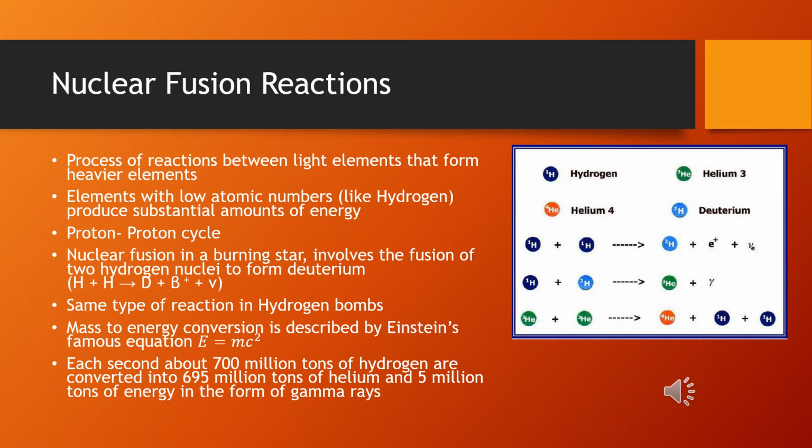It's the same type of reaction that happens in hydrogen bombs. The mass-to-energy conversion is described by Einstein's famous equation E equals mc squared. So in the sun's core, every second, about 700 million tons of hydrogen are being converted into 695 million tons of helium. And from that, 5 million tons of energy are being created in the form of gamma rays.